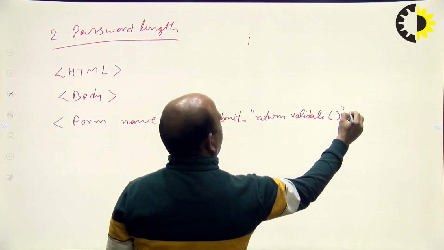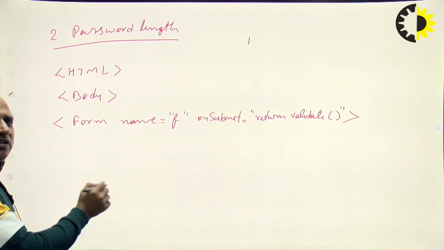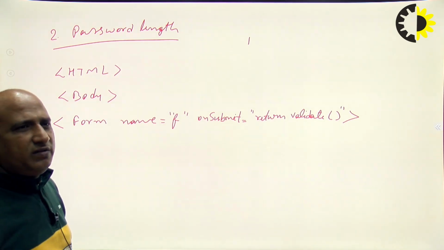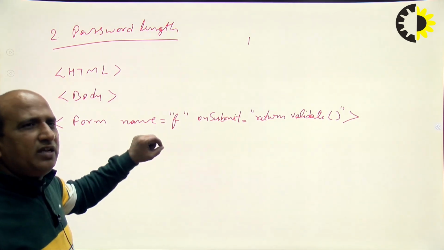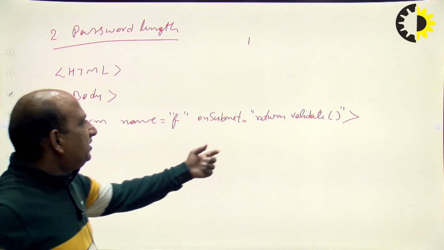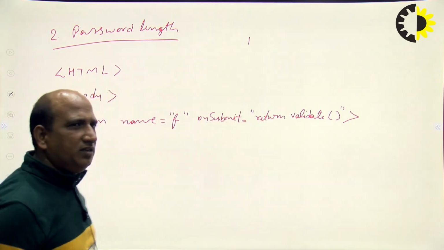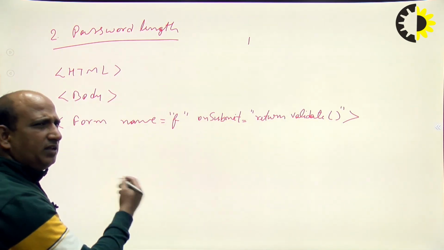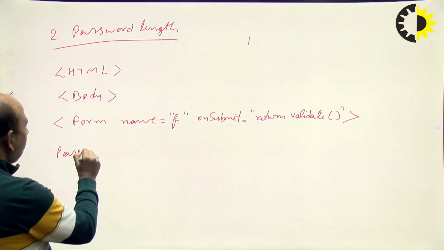I am creating this form and will create a submit button, and at the time of submission of this form, by clicking on the submit button, this validate function will be called. Along with that, we may create a password field. I am writing just the password field over here.